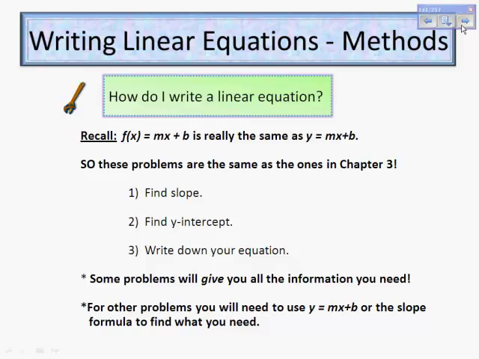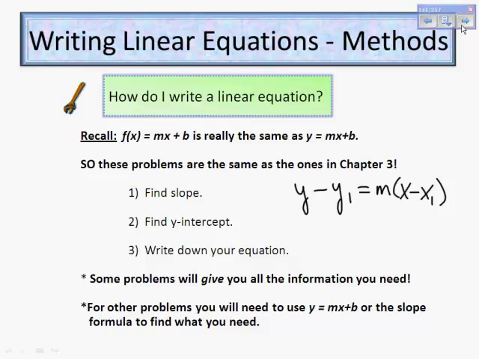We'll use the point-slope formula that we've discussed before, y minus y1 is equal to m times x minus x1. We'll have to have a point on our line and the slope, and once we have those two pieces of information, we're going to be able to write this in terms of y equals mx plus b. Then we'll make it fit the function notation if we need to.